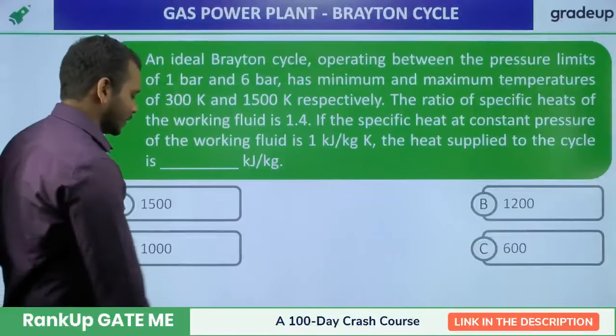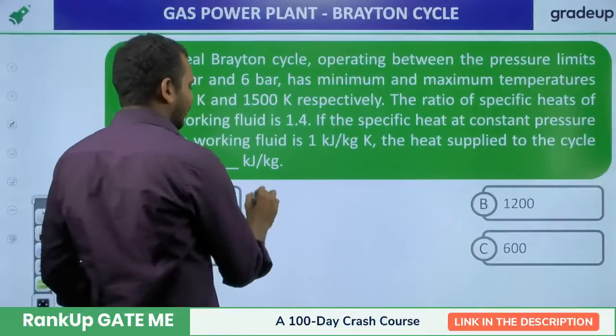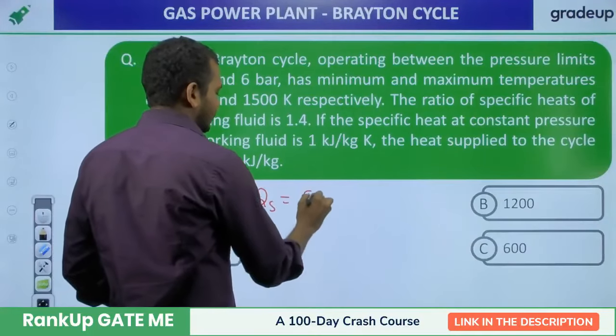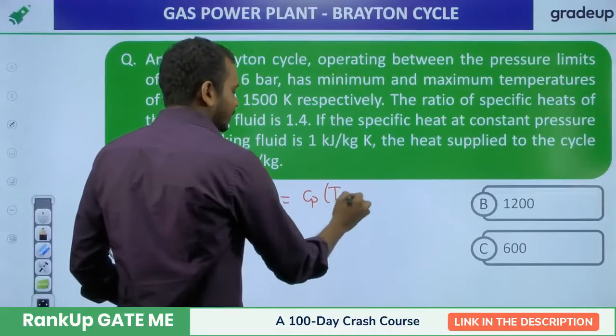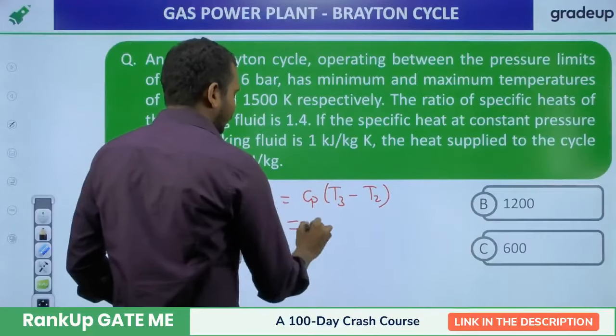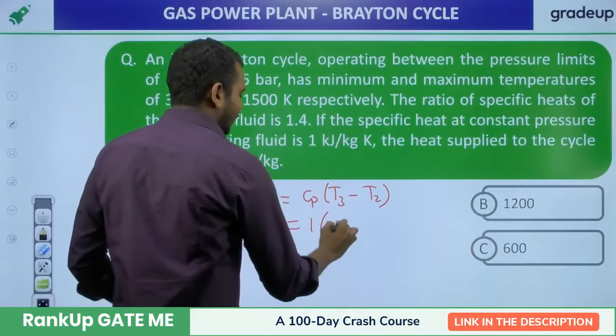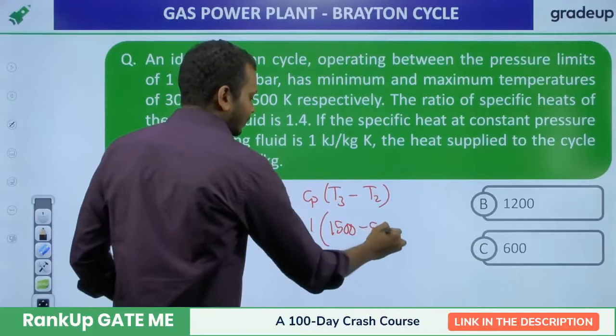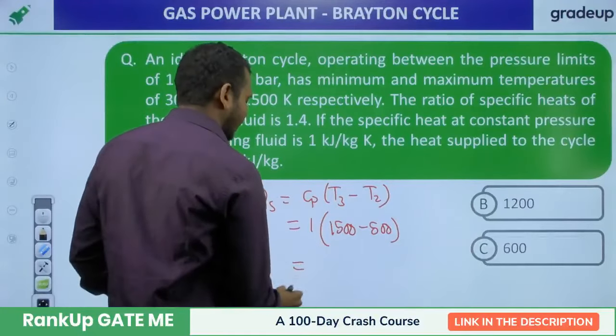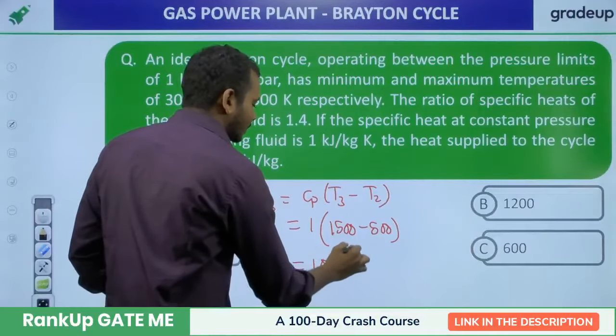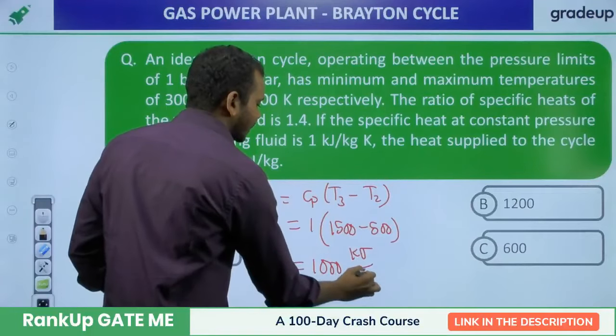Okay, so it is very simple again. What to find out? Heat supplied to the cycle, Cp into T3 minus T2, that is 1 into 1500 minus 500. T3 is 1500, T2 is 500. I told you, right? If you have the temperature values, we can play with the problem.